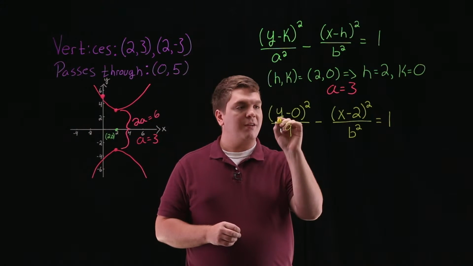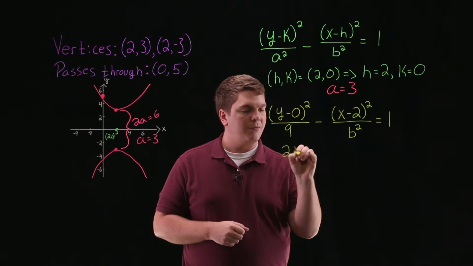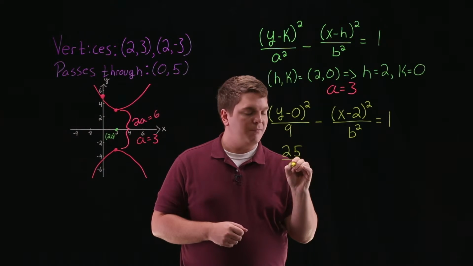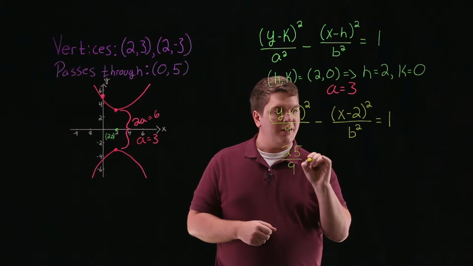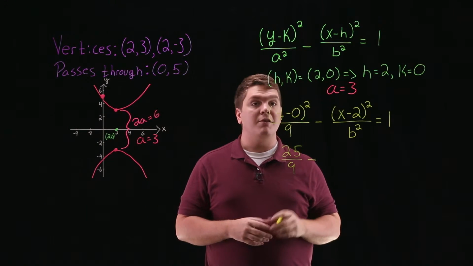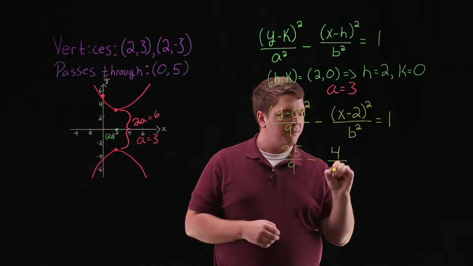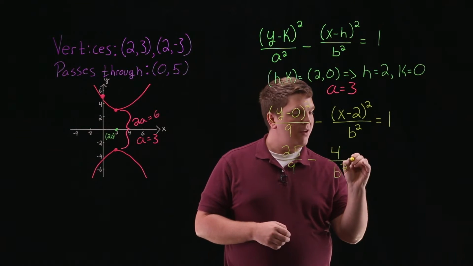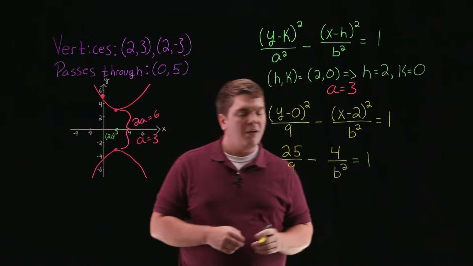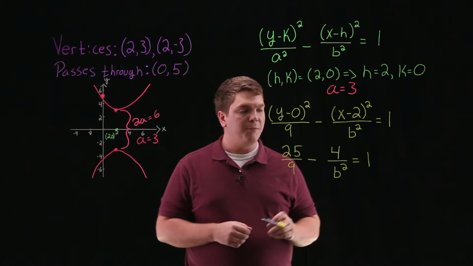And what we're left with is (5 minus 0) quantity squared, which is 25, divided by 9. And here we're subtracting (0 minus 2), so (-2) squared is 4, divided by b squared. And this is equal to 1. So from here, our goal is to solve for b or b squared.